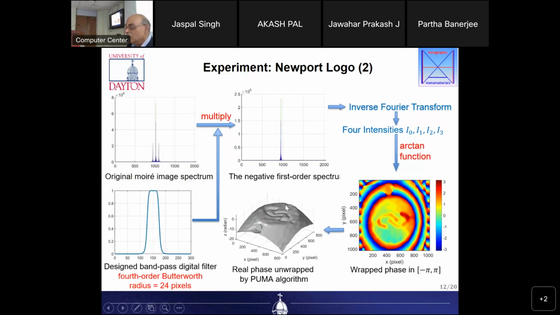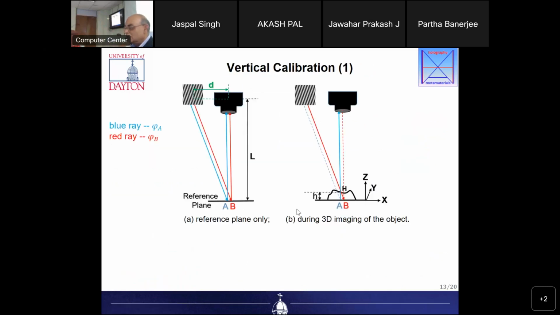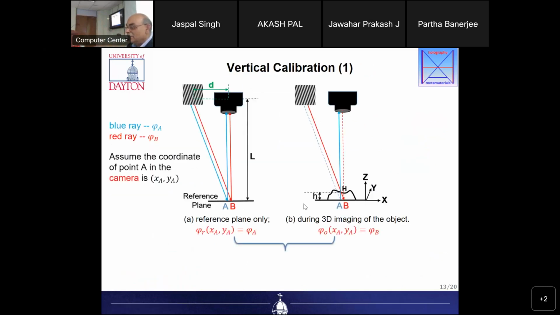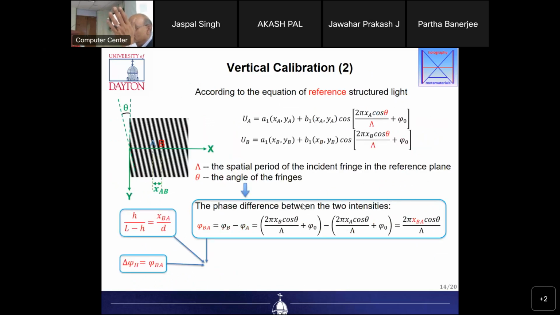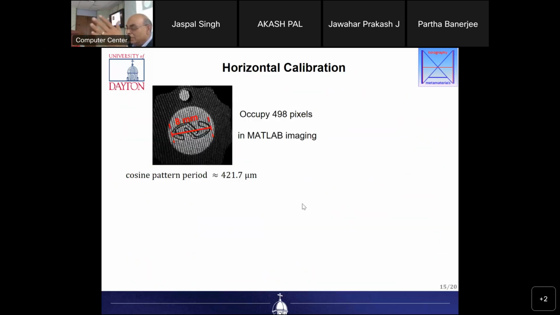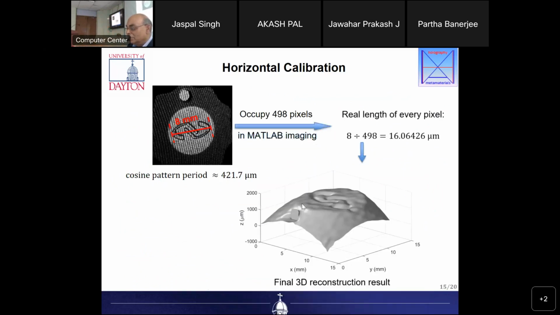So what did we do? Well, we took this cross section or line scan and compared it with that of a profilometer. There is some business of angle and so on because there was an obliquity factor, but I'm not getting into details. But if you go past all this calibration, horizontal calibration, vertical calibration, this is the final 3D image.